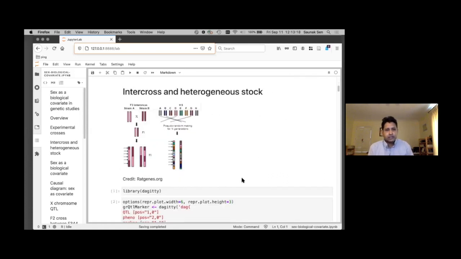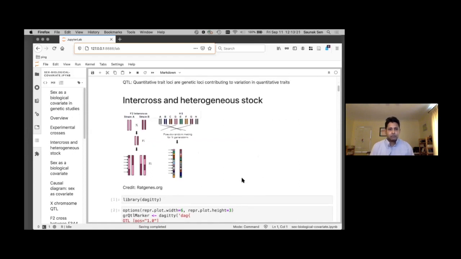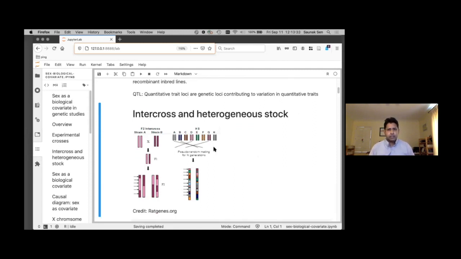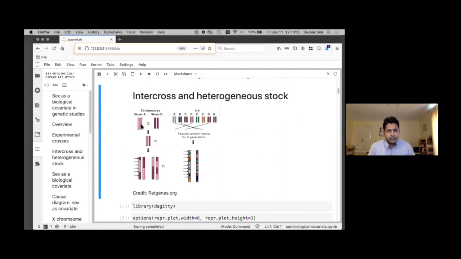So here is a schematic taken from the ratgenes.org website. You can see that here's an F2, there's strain A, strain B. You make an F1, which has one chromosome from each strain.